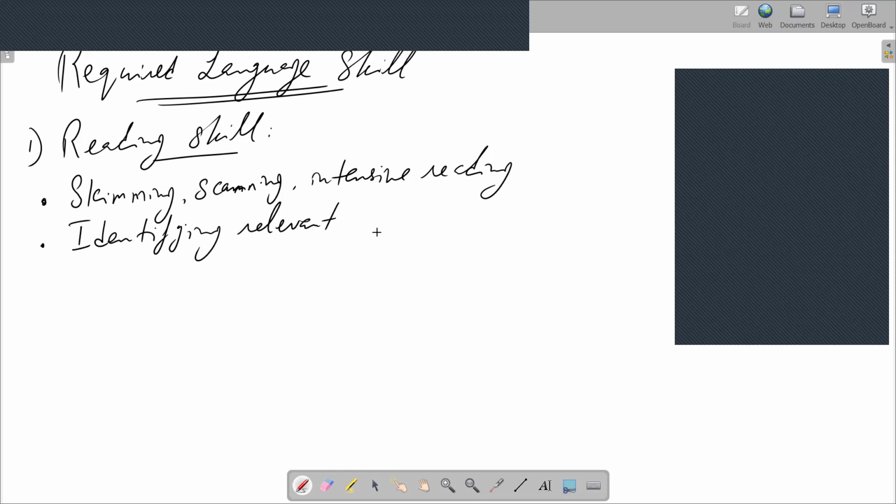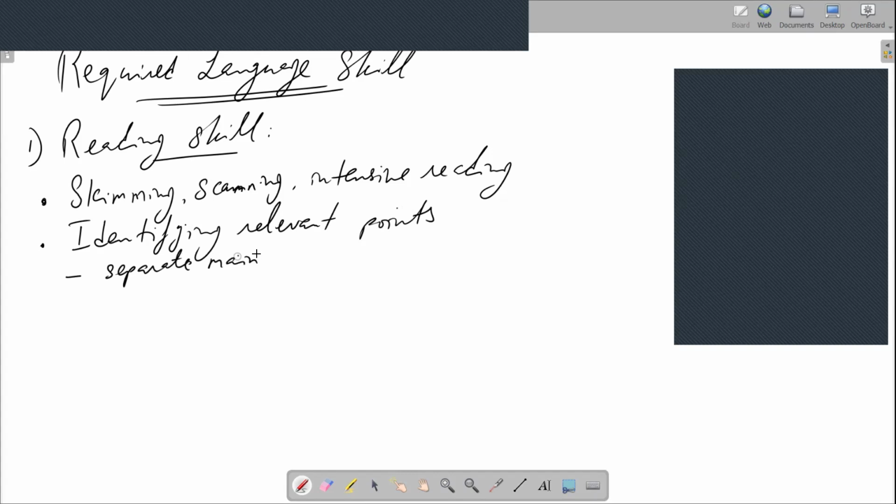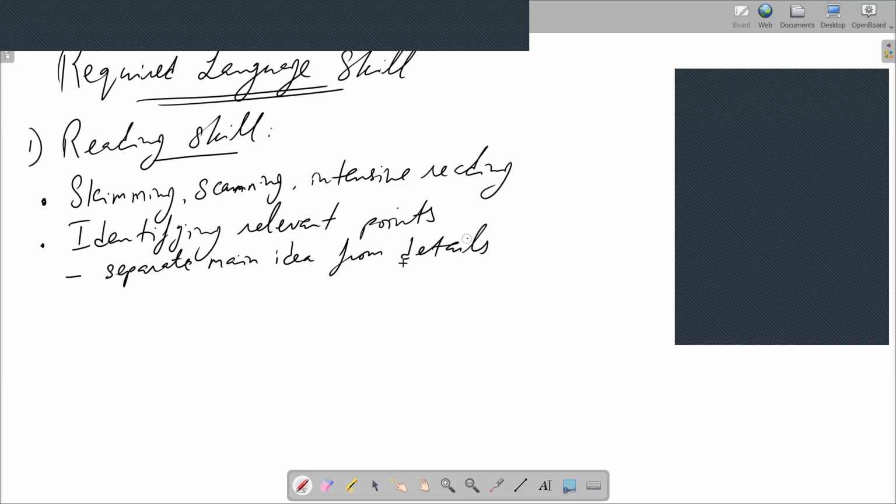Then, as also mentioned in the assessment objectives, identifying relevant points, and with that, being able to separate a main idea or a main point from its supporting details. What else do we need to know for reading?